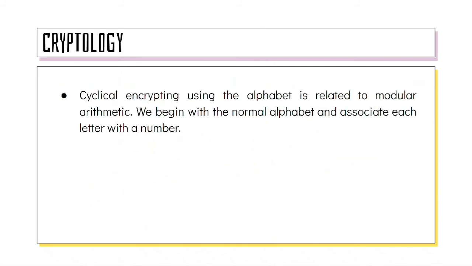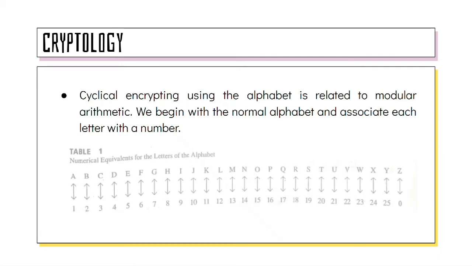So cyclical encrypting using the alphabet is related to modular arithmetic. We begin with a normal alphabet, so we start with the alphabets to code and decode the message. Now, we can associate each letter with a number.